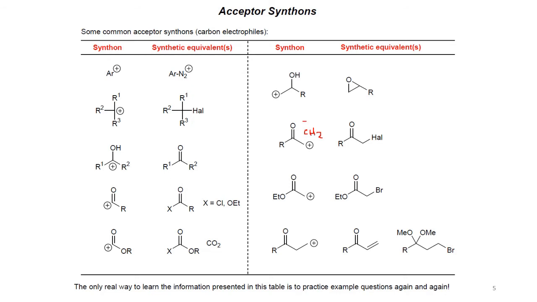If you have R, this plus means it is CH2 plus. Of course, when it is plus, you need to complement it with a halogen. So you need to add X, which is the halogen.